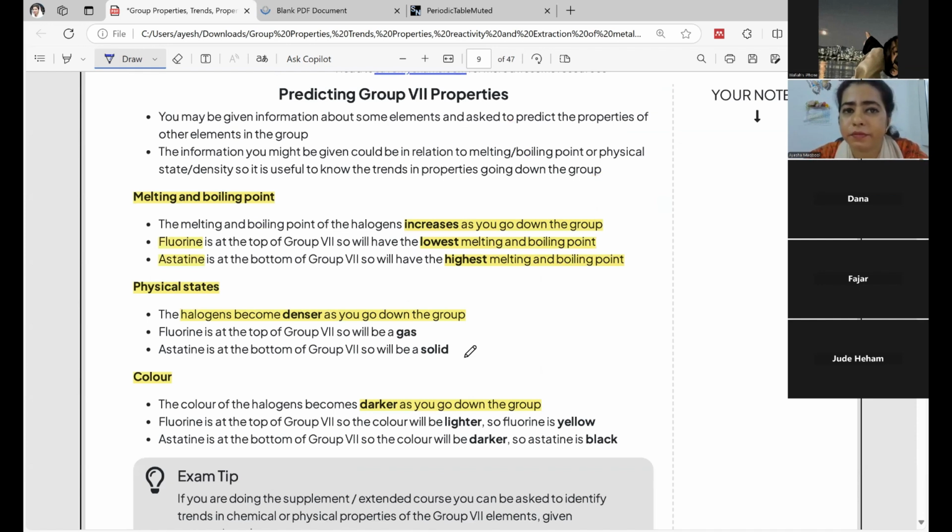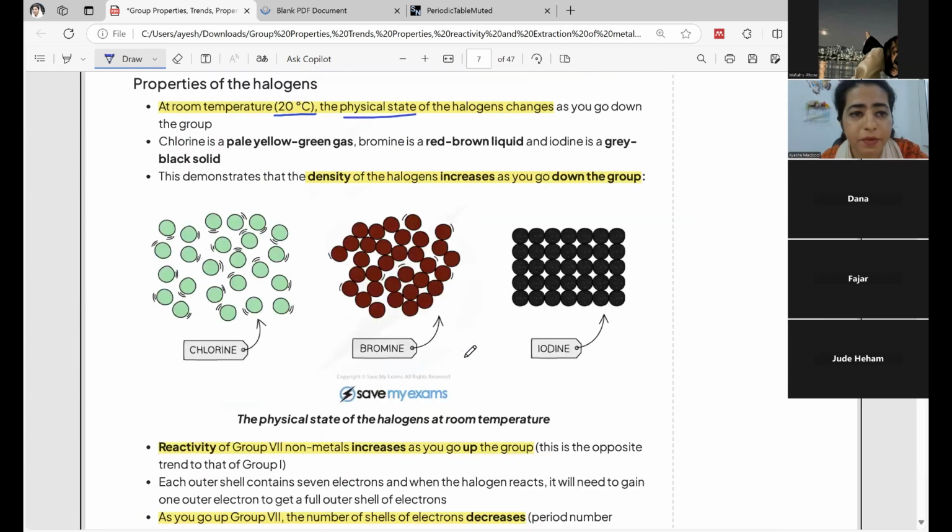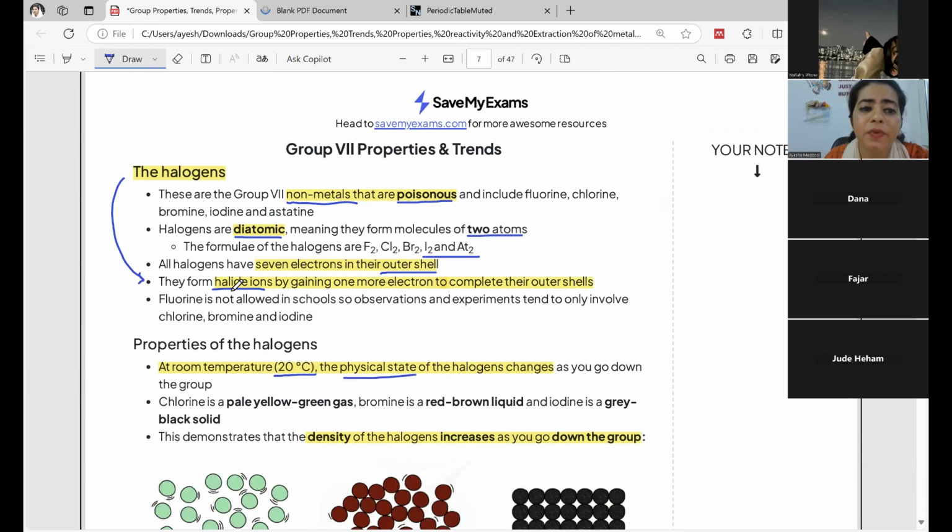Miss, does fluorine have anything to do with fluoride that's in toothpaste? Yes, it does. We said that we can call them halides, right? When they make the negative ions, we can call them halide. So if fluorine is going to make a negative ion, F minus, that is known as fluoride.